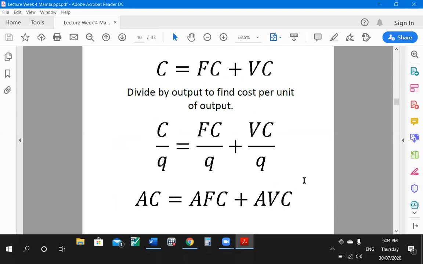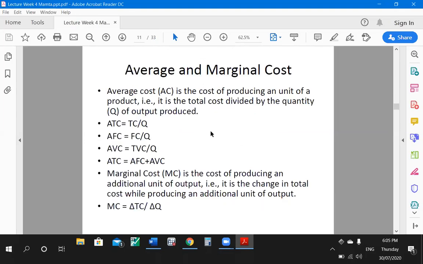Now, another thing you need to understand here is average and marginal cost. What is average cost? We know this: cost divided by quantity. What is marginal cost then? Marginal cost is the cost of producing an additional unit of output.